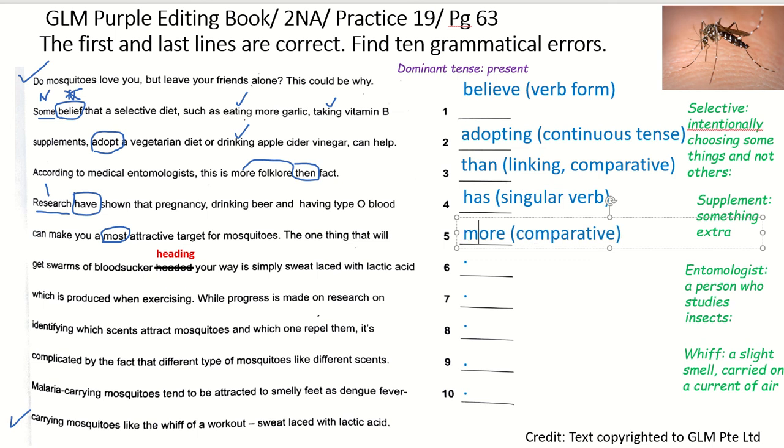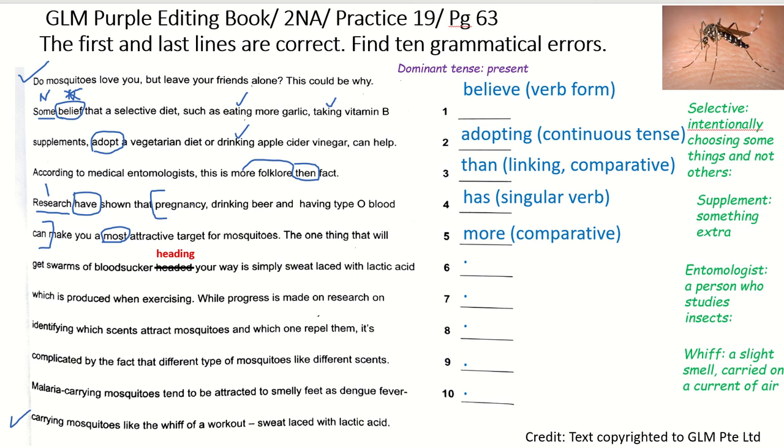Okay, here there are two comparative states. Okay, two possible states. Your attractiveness to a mosquito. If, okay, this is one possible one. This, a more attractive target for mosquitoes.